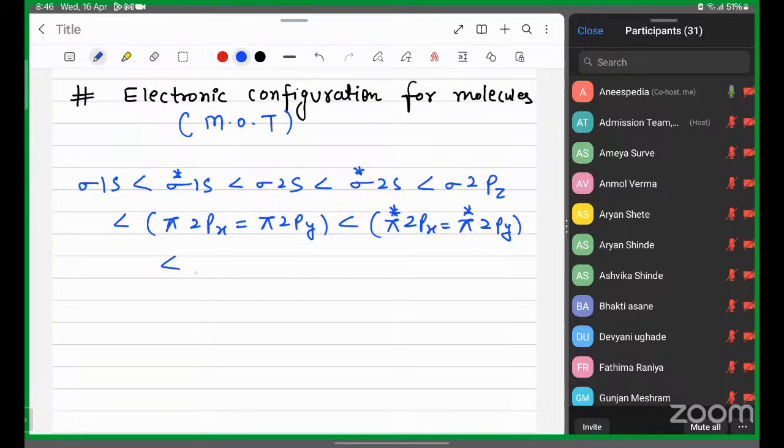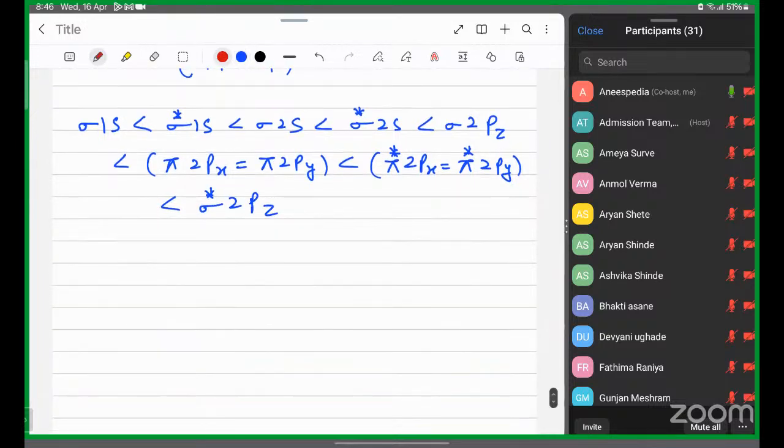And finally we have sigma star 2pz. This series will work for oxygen O2, fluorine F2, neon Ne2, and for all the molecules which have electrons greater than 14.